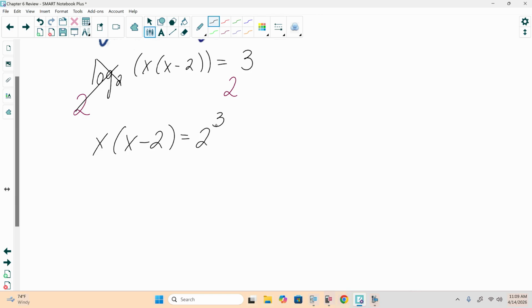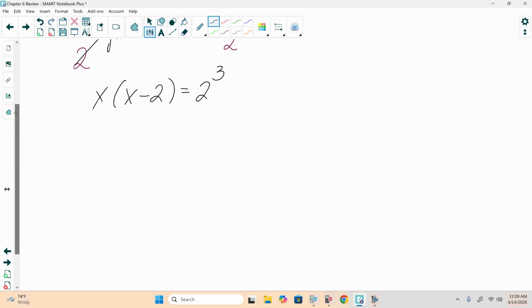Now at this point, we will have to multiply that left-hand side. We're going to have to distribute the x. X times x is x squared. X times negative 2 is negative 2x. And 2 to the third, 2 times itself 3 times will be 8.